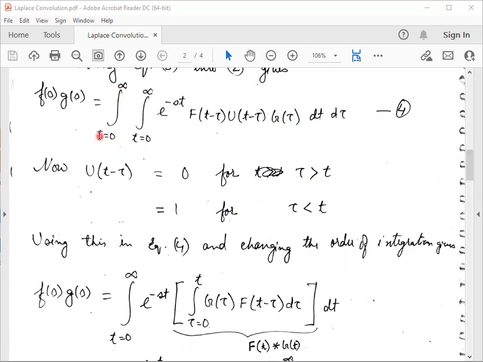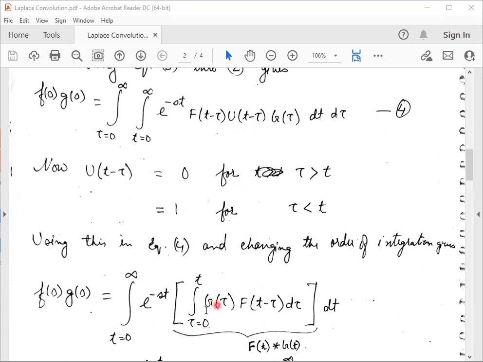So we divide this interval tau from 0 to infinity into two intervals. One from tau equal to 0 to t, and second from tau equal to t to infinity. And for tau from t to infinity, this function is 0. So that means the only remaining term is this integration of tau from 0 to t.